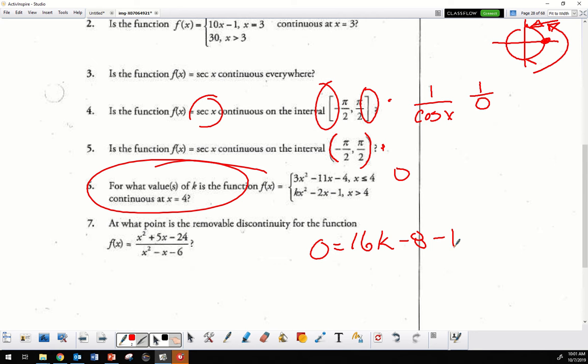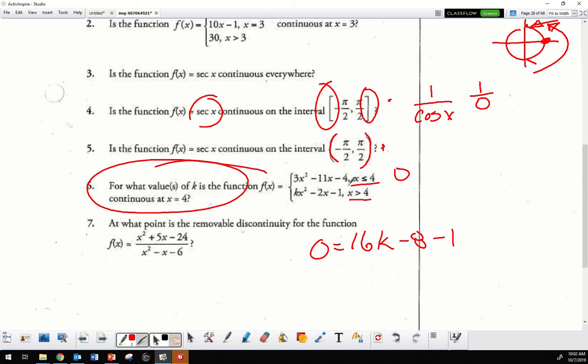I was confused as to why you were plugging in 4 for x. Yeah, plugging in 4 because both of these have to approach 4, right? The limit as this goes to 4, the left hand and the right hand both have to approach the same thing.